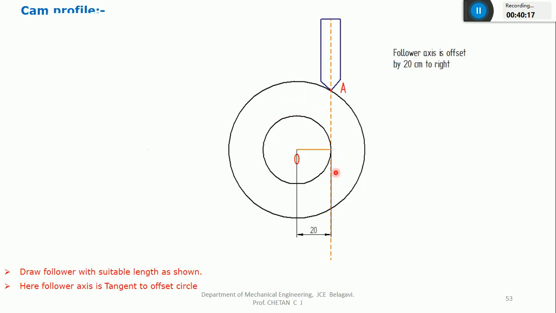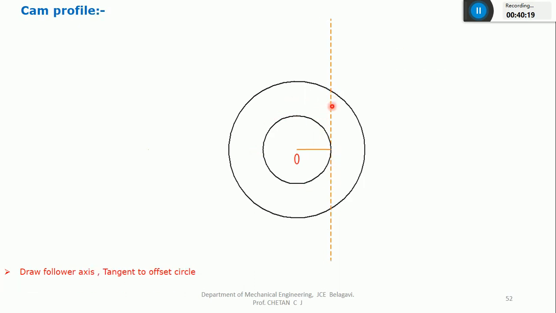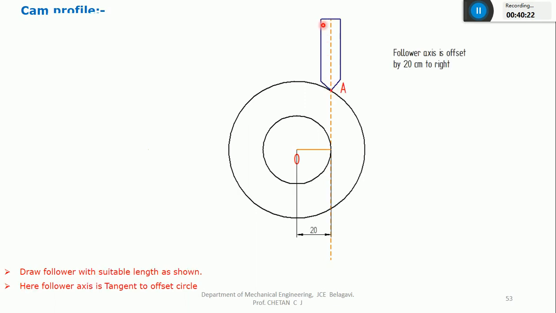At this point, just draw a knife edge with a height of 40 mm, because the stroke length is 40 mm. Just take the height of this follower as 40 and draw a rough diagram of this follower. Take this point as point A, because this is the second condition in which the follower axis is offset with respect to the cam axis.